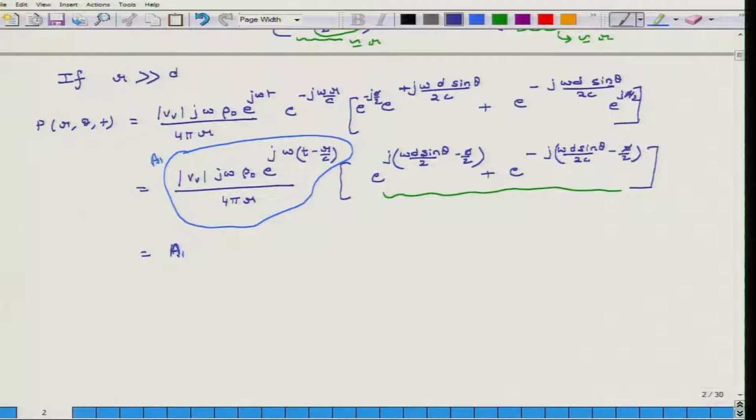So, this is equal to A1 times cosine of omega d sin theta over 2c minus phi over 2. So, there should be a c here, yes. And there will be a factor of 2 here.